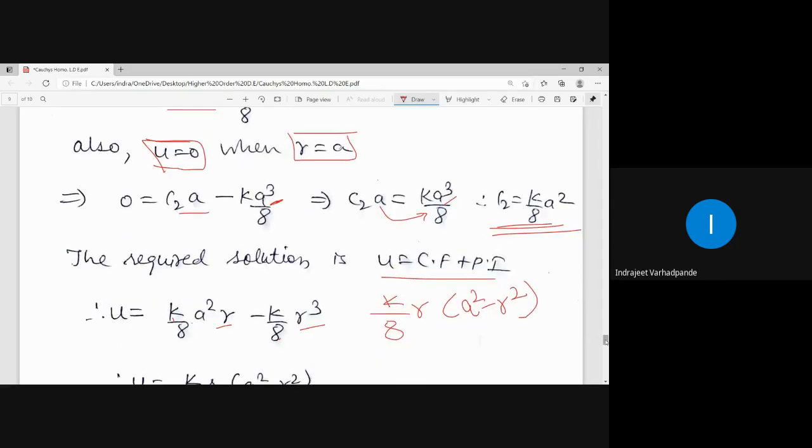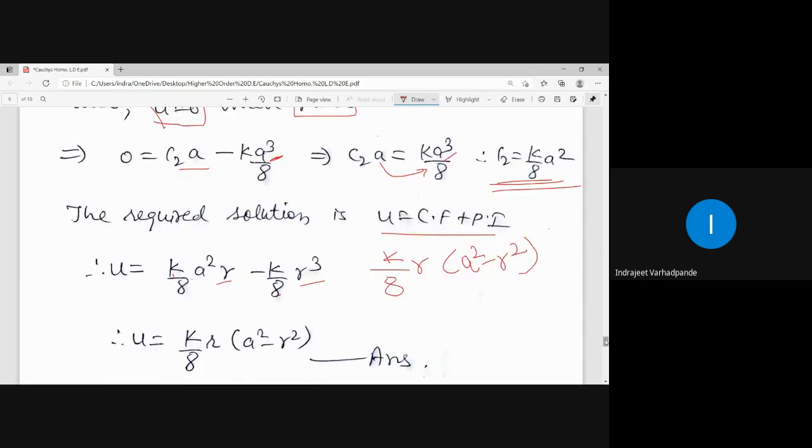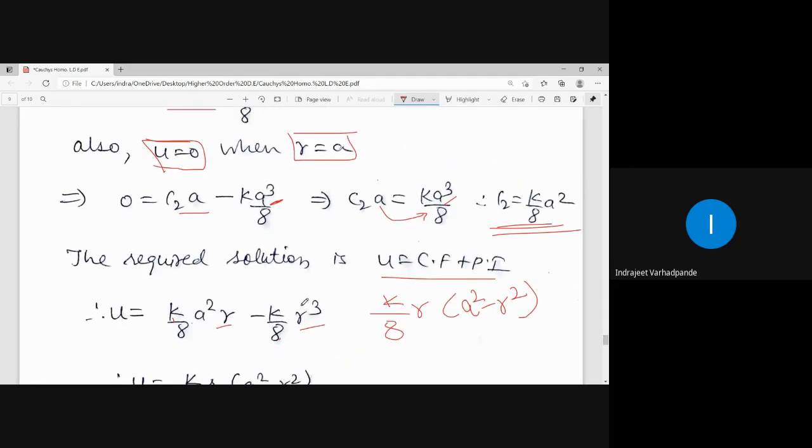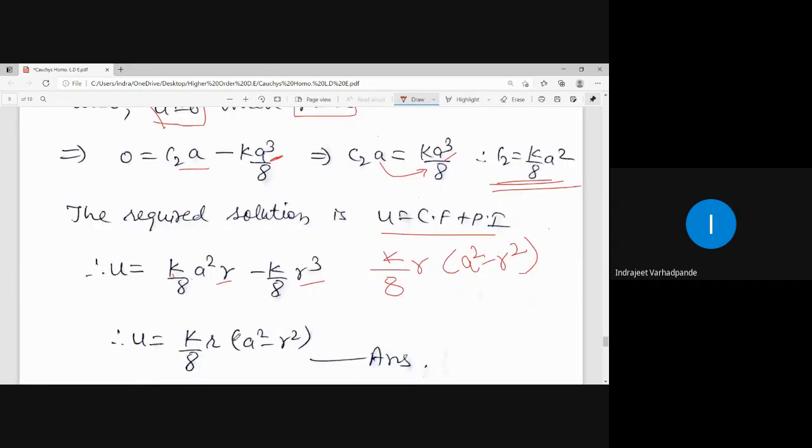Clear? So this is how the final answer is written: u is equal to k by 8 r into (a square minus r square).